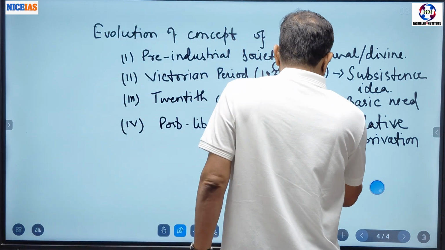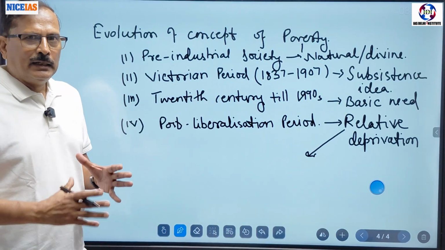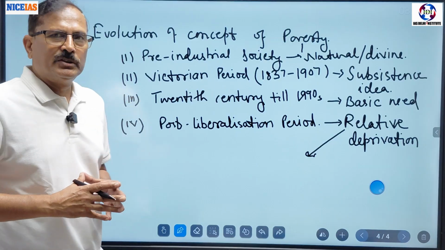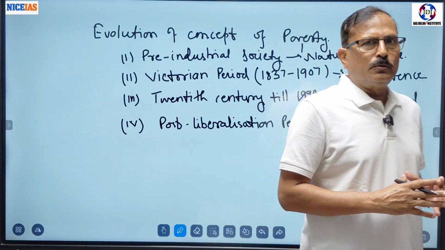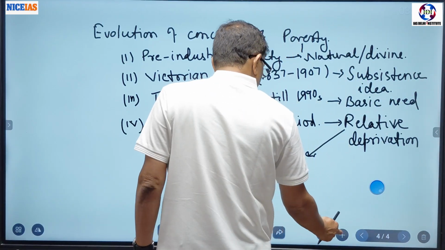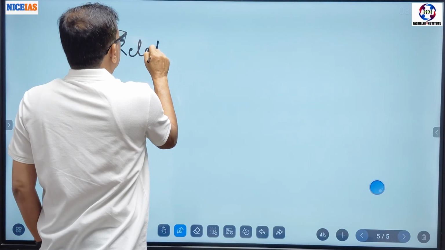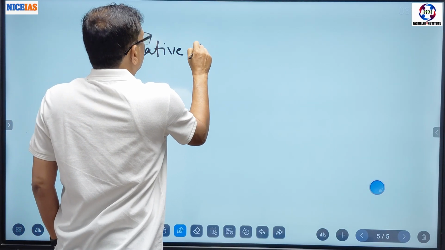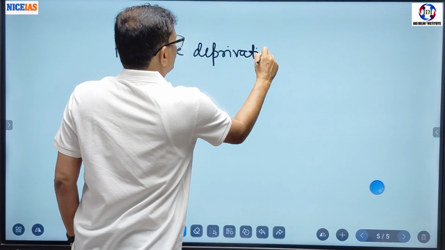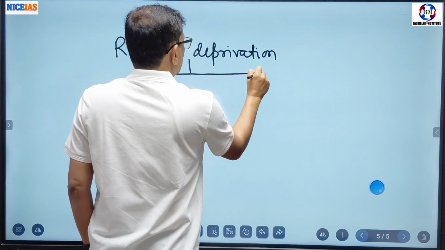Now, the social capital deprivation approach and the capability deprivation approach are the offshoots of the relative deprivation approach. It has two offshoots.